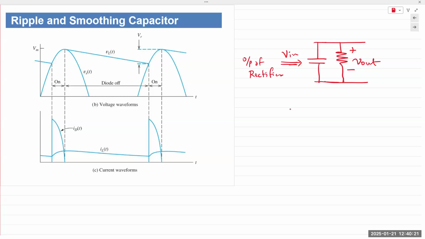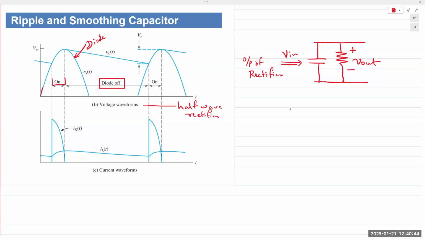So this is the diode output. This actually shows a waveform for a half wave rectifier. Right here, it's off.